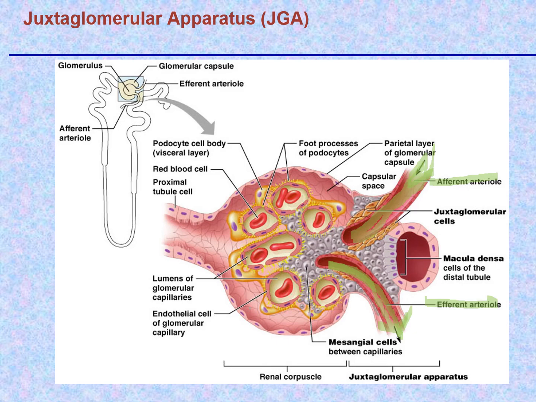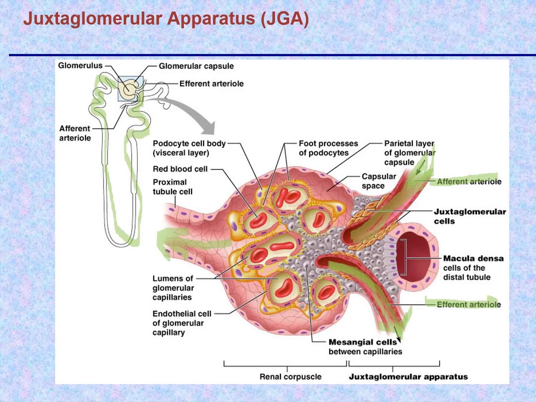Remember, the filtrate, the first fluid formed by the filtration process, goes into the glomerular capsule and then flows down the proximal convoluted tubule, which is shown here. It goes through that and then into the loop of Henle and then back up into the distal convoluted tubule.